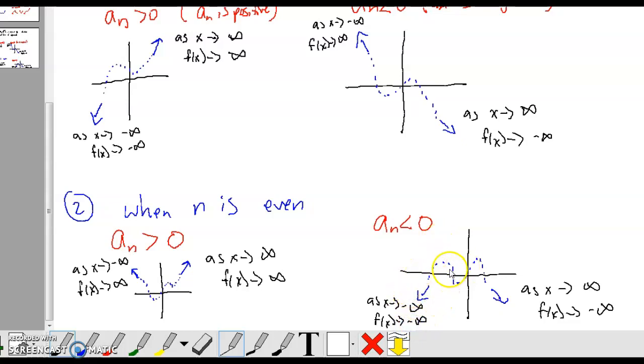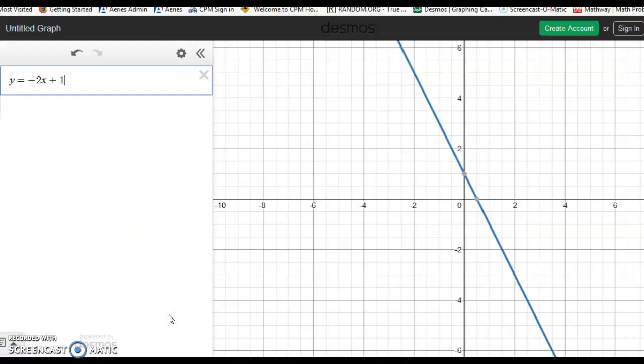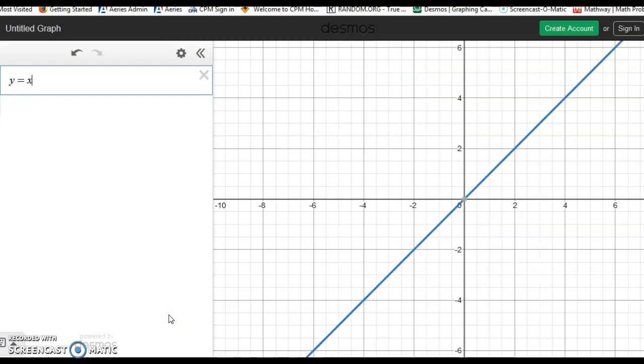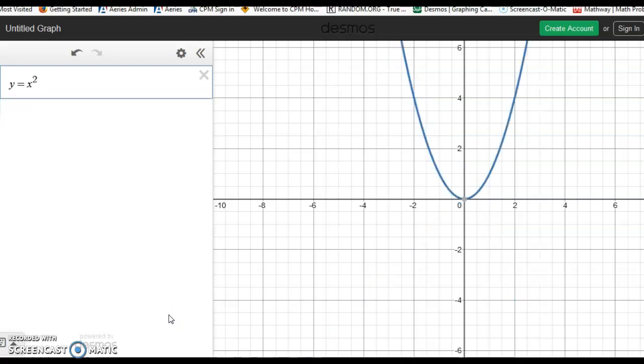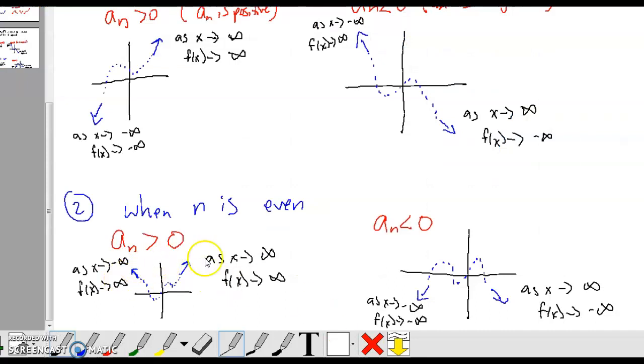And so what this should remind you, if linear is the easiest odd one, the easiest even one you can think of should be a quadratic, right? So if I just say x squared, notice that it's even. Notice that the a value is positive, and notice where is it facing? It's facing upward, just like this.